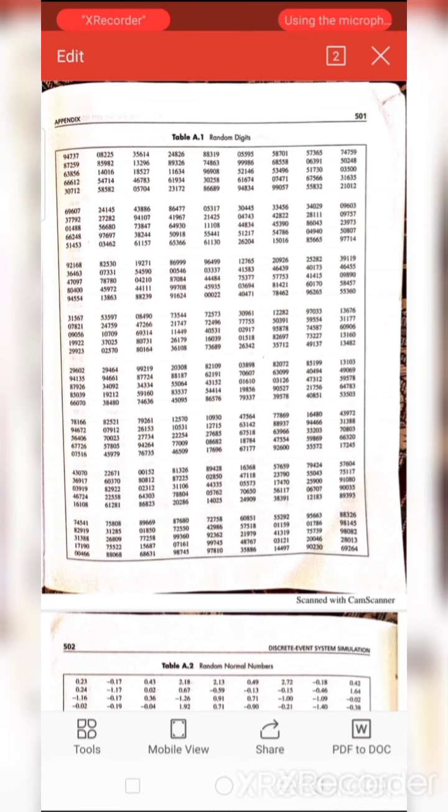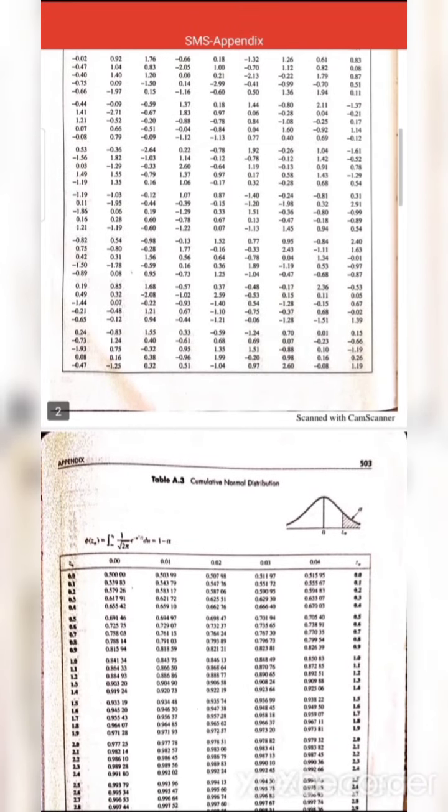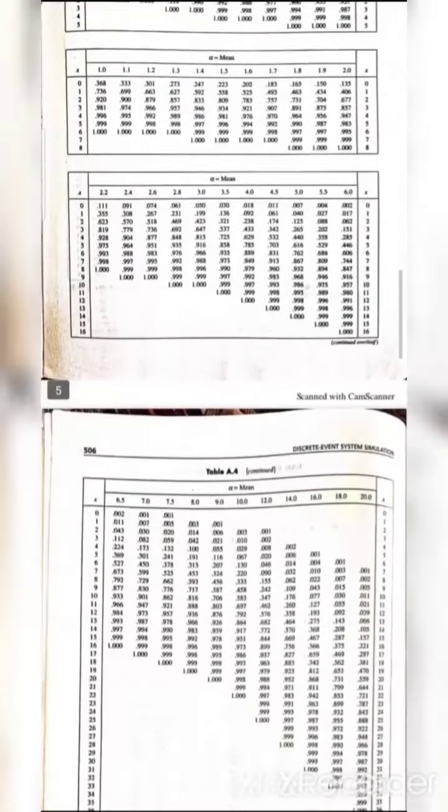Now see, these are the appendix tables which are available at the end of the textbook. So I need to find for the chi-square. So I am doing a chi-square problem. So I'll check for the chi-square. So you can see here in 8.6, that is chi-square, they had given the title here as percentage points of the chi-square distribution with V degrees of freedom.